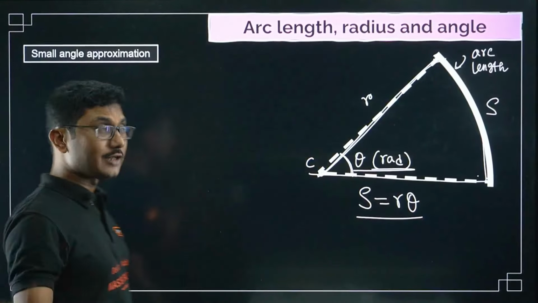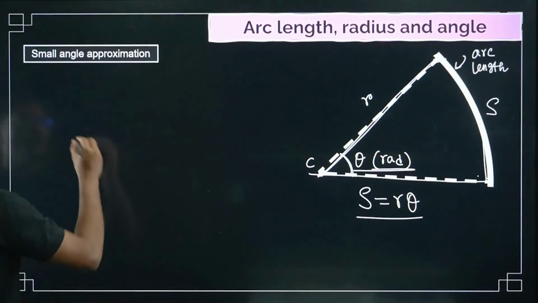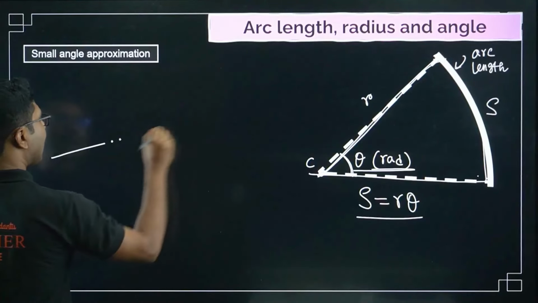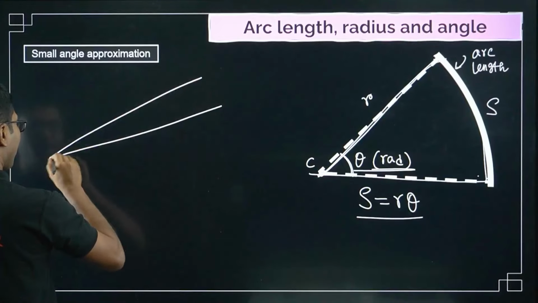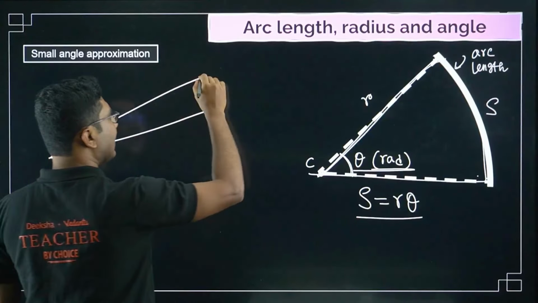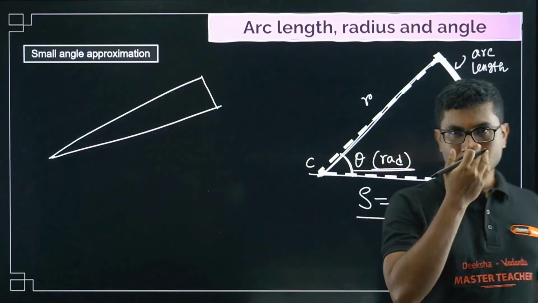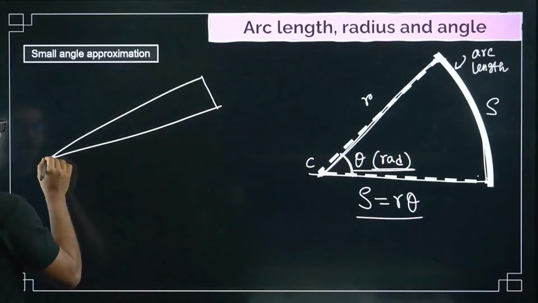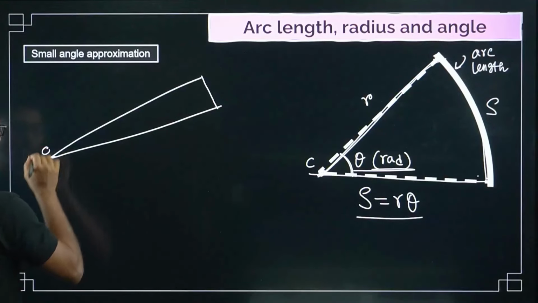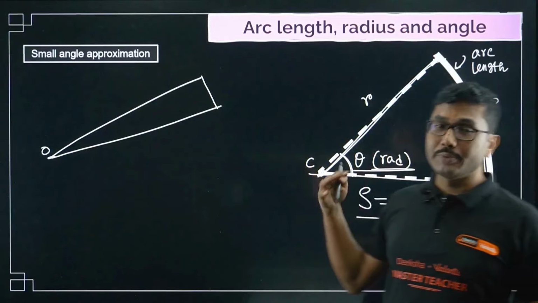Now there is a special formula for small angles. Small angle means suppose we have a very large radius, or a large distance from some point, and here we have a straight line, not an arc length but a straight line. If you take this point as your point of observation, say O. Based on different cases, the observation point will be given to you.